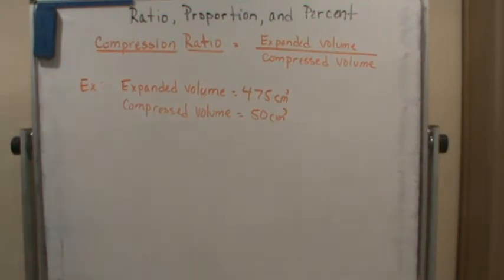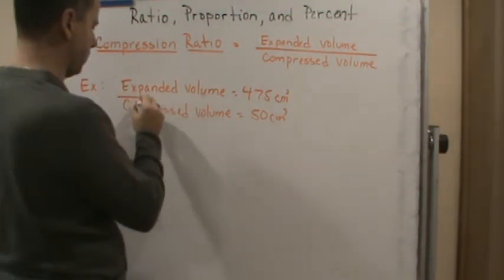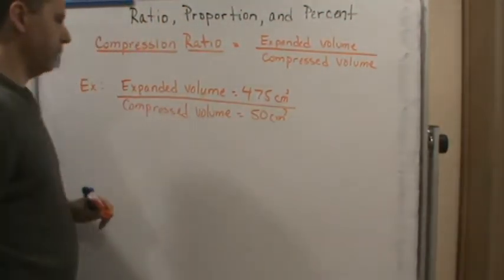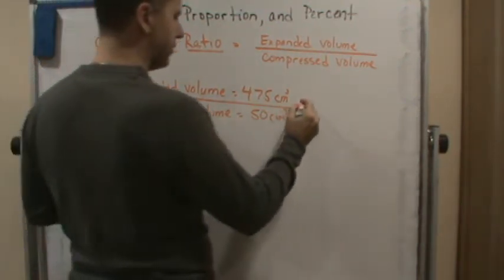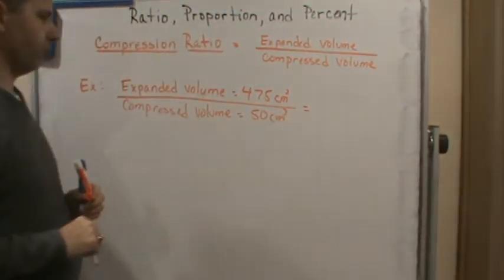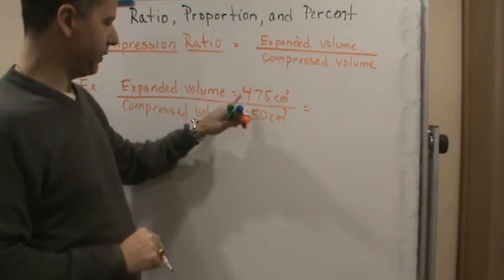And now we want to find the compression ratio, so we're just going to divide those two numbers. So what do we get? Well, in this case, we can see that 25 goes into both.